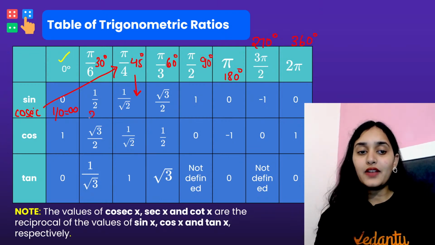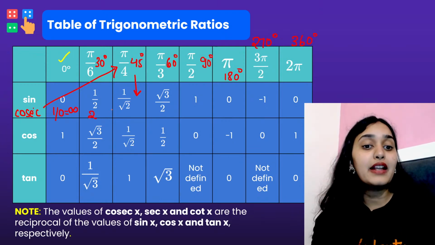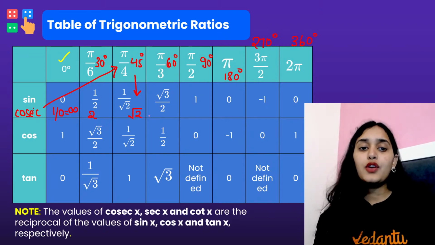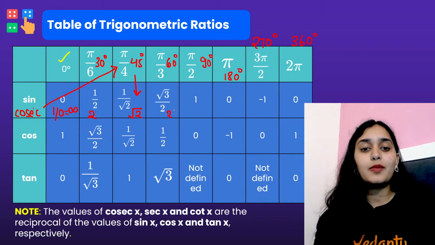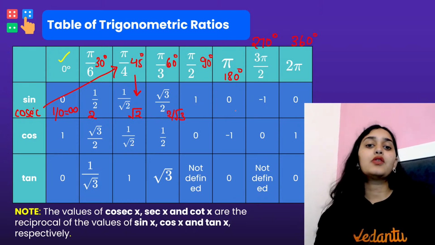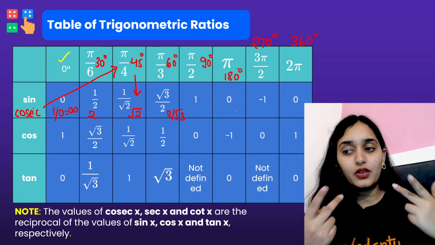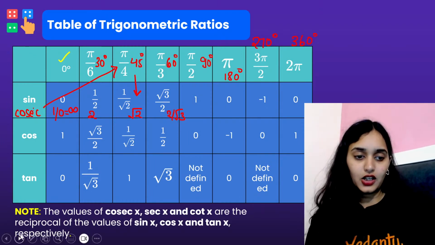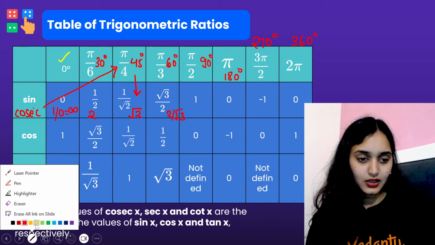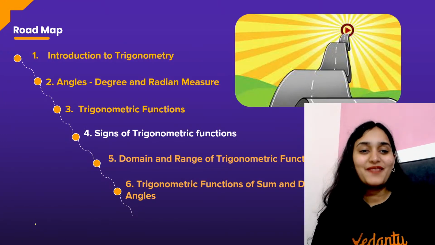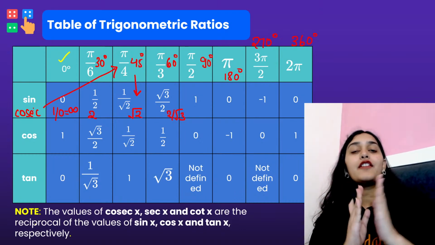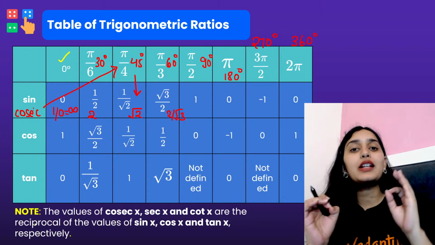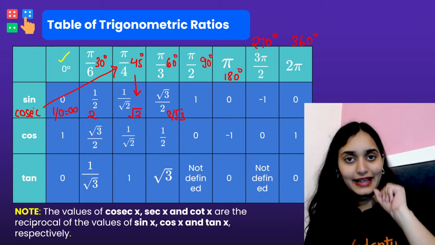Cosec 30 degree will be the reciprocal of 1 by 2, that is 2. Cosec 45 degree will be root 2. Cosec 60 degree will be 2 by root 3, and so on. So basically you find the reciprocal of these values to get your original function values. Alright. So these were the trigonometric functions and their values which correspond to the given known angle values.